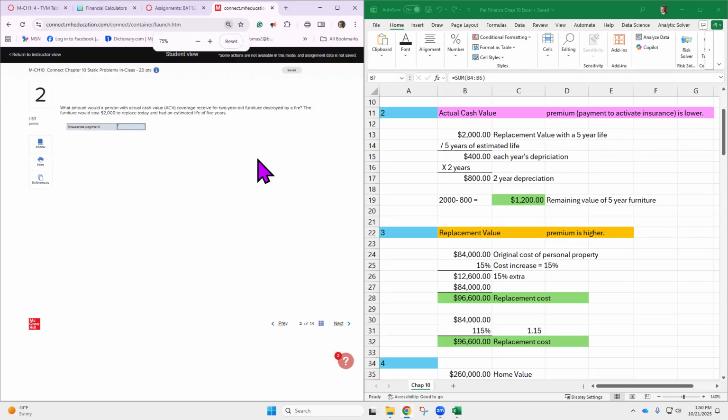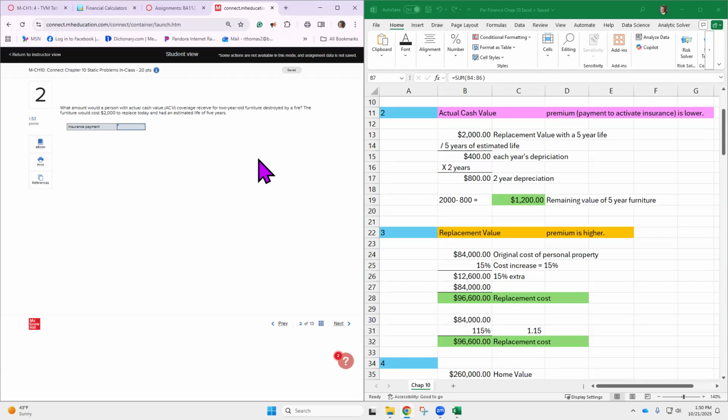Okay, number two. What amount would a person with actual cash value coverage, ACV, receive for 2-year-old furniture destroyed by a fire? A lot of times insurance companies will take into account how old the asset or the furniture is.